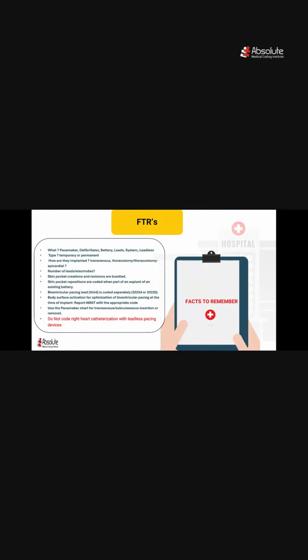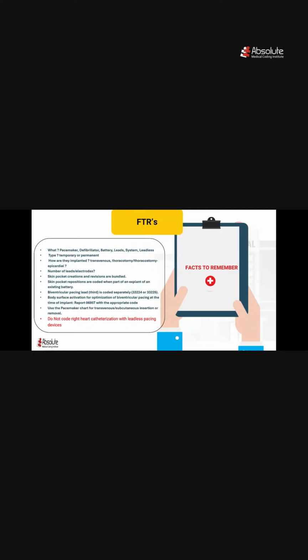All right. Okay, so it's time to look into some of the facts to remember. While coding these cardiac pacer, defibrillator, and implantable defibrillator procedures, these are a few questions you must ask, and a few guidelines you should keep in mind. First ask what is performed. Is that a pacemaker procedure? Is that a defibrillator procedure, or a procedure about the battery, lead system, or a leadless device?